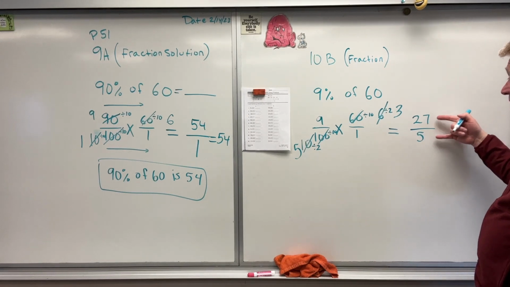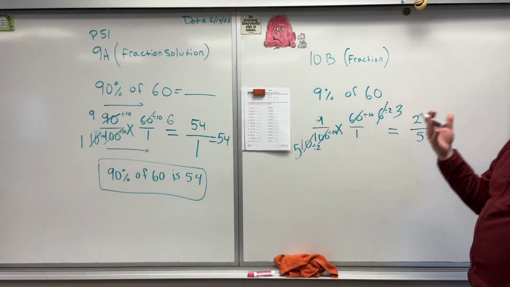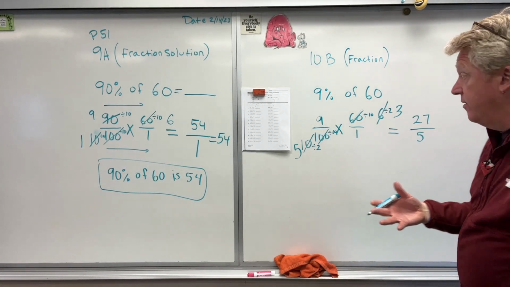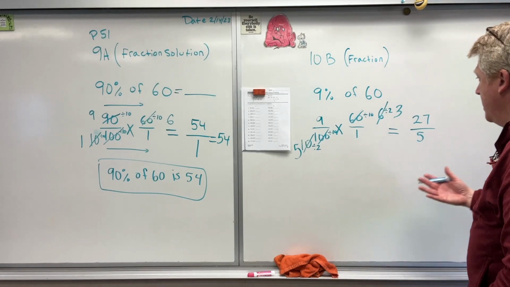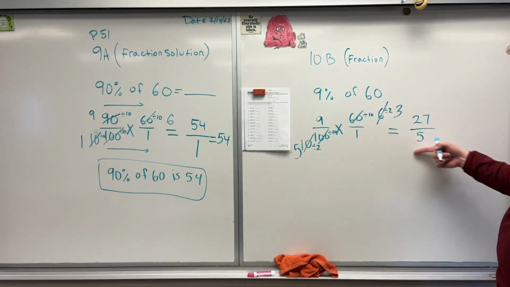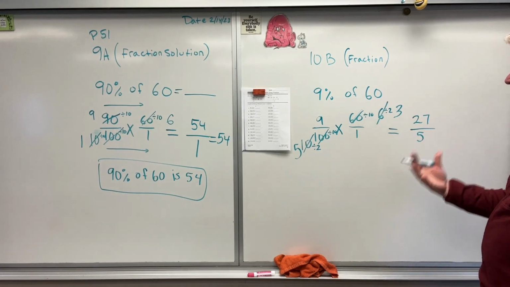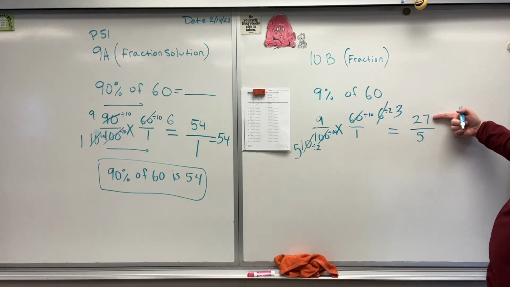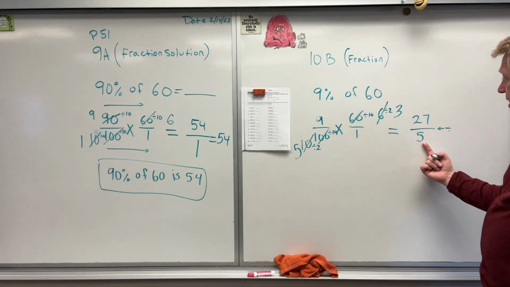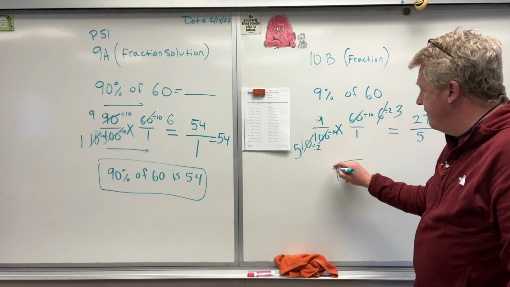So we have to then take this 27 over 5 and turn it back into a number that we can use, a decimal, right? So how do we do that? Remember that this fraction can be written as a division problem that will tell us what the decimal is. The numerator divided by the denominator. 27 divided by 5.